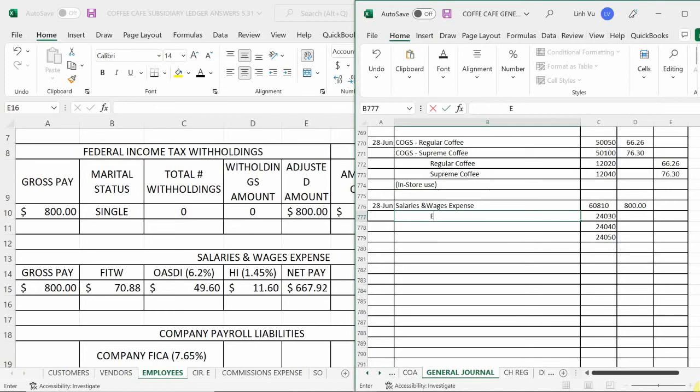Correct. So in this case, we have employee FITW, employee Social Security, and employee Medicare, and checking.